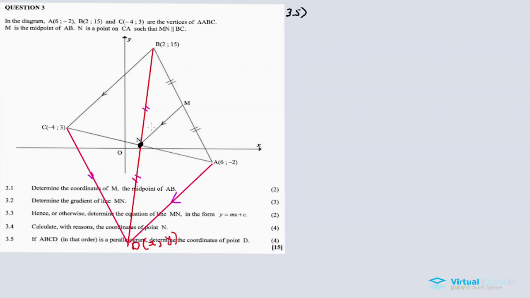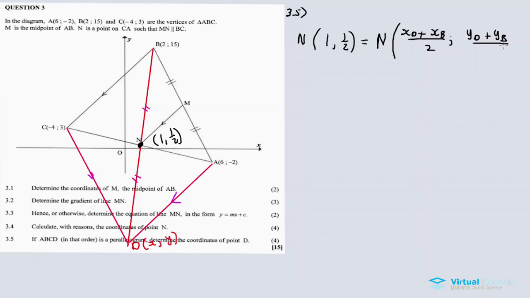We calculated the coordinates of N and found it's 1 and 1 over 2. We can use the midpoint to calculate the coordinates of D. The midpoint 1 and 1 over 2 is equal to xd plus xb divided by 2, yd plus yb divided by 2.